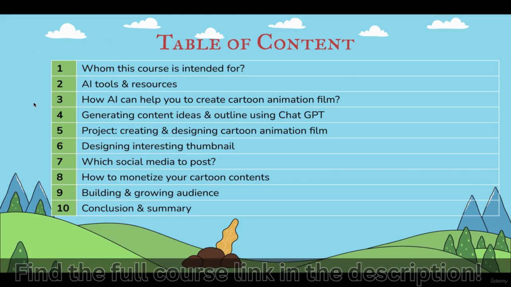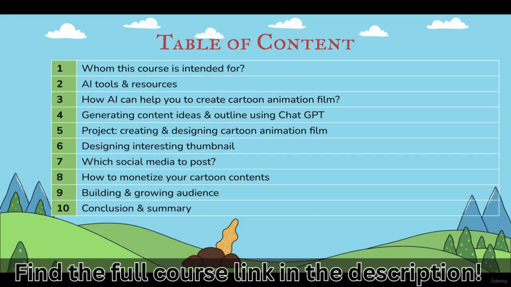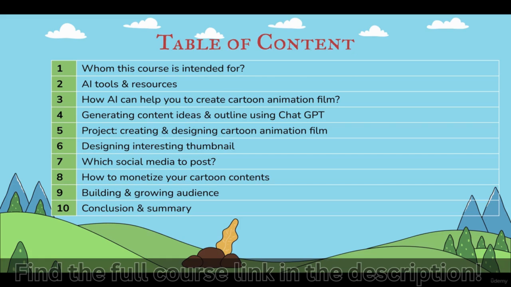Right, so let's talk about the second one here, AI tools and resources. I'm going to provide you with a list of tools and resources that we're going to utilize to create and edit our cartoon films. There are many different AI tools that we're going to utilize.